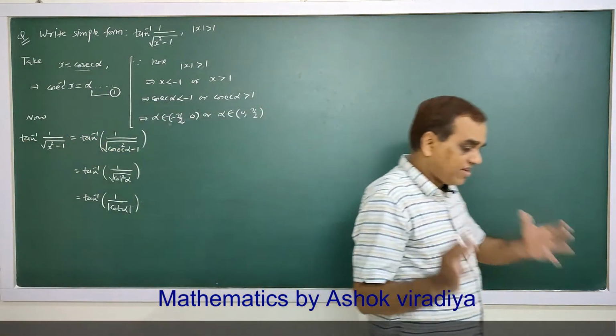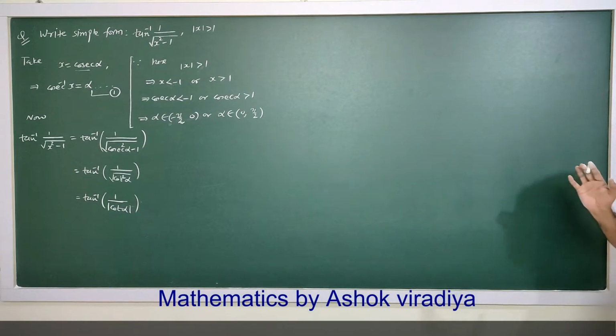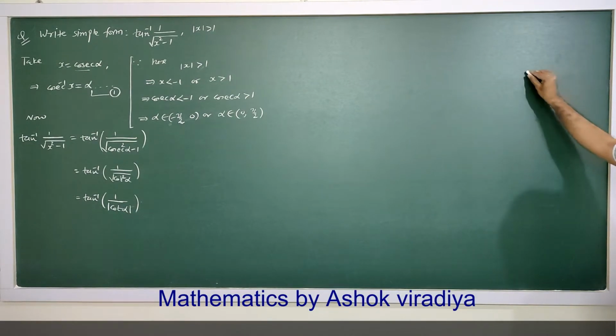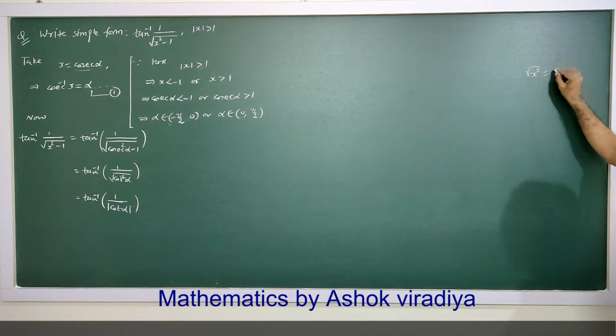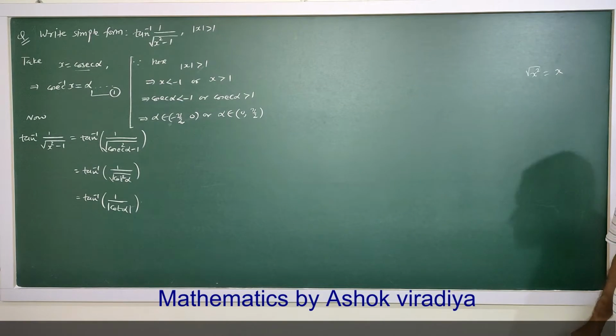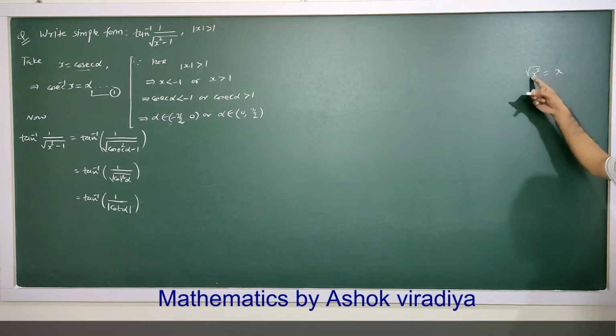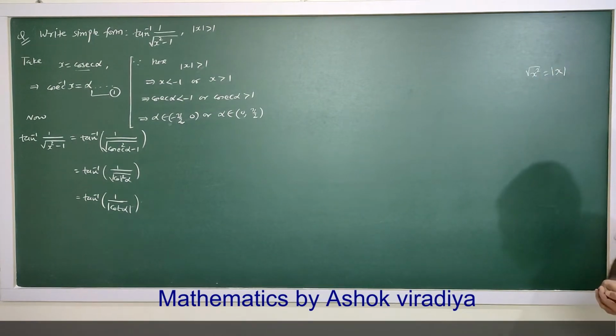During this whole method, during all the questions in mathematics, you always remember that square root of x square equal to x is not a complete answer. Square root of x square is modulus x, because square root is always positive.